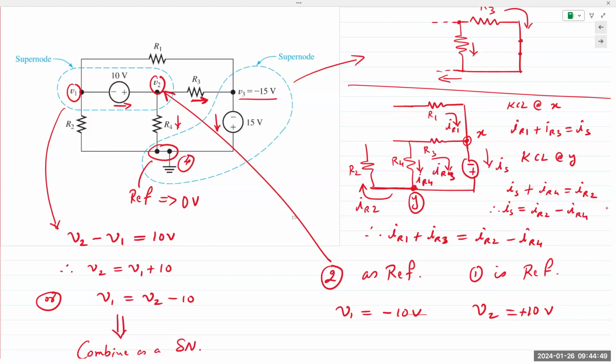I assigned a random variable to the current flowing through that voltage source, which is IS. And then I obtained two equations by applying two KCL equations at each end of that voltage source. Then rearrange the terms, you get an expression for that current. You equate both of them, and that equation, which is this equation right here, is the equation that you would obtain if you combine this 15-volt source as a supernode.